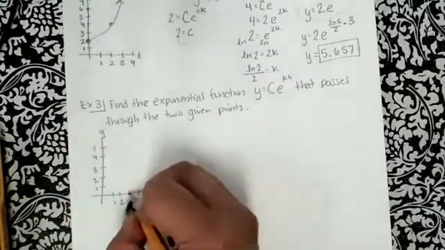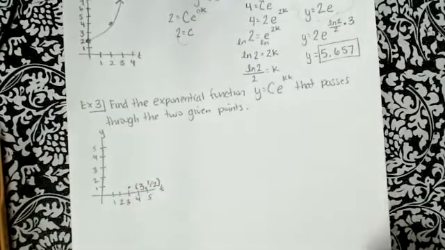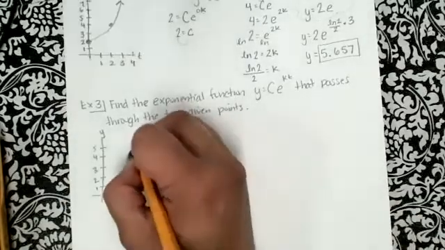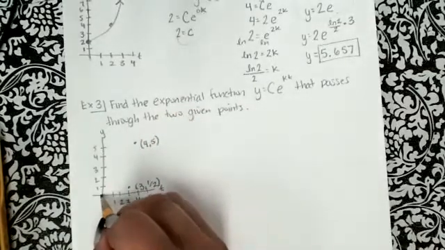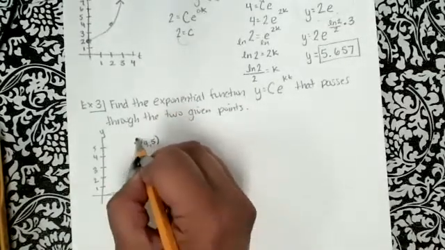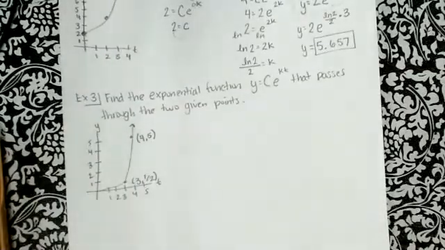The first point is going to be (3, 1/2). The second point is going to be (4, 5). It's going to look something like that.